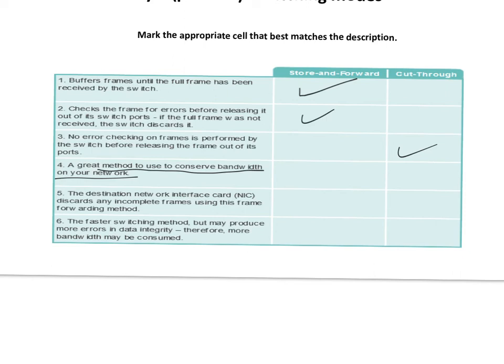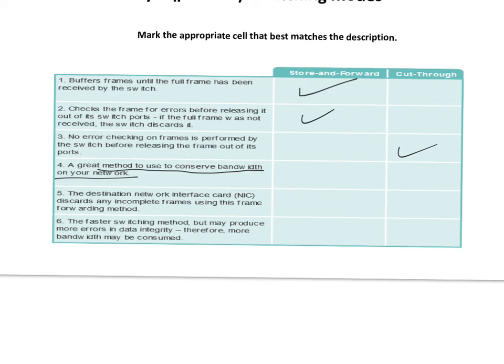What does conserve bandwidth mean? The meaning of conserve bandwidth is that you have a specific bandwidth, so you are sending frames within that bandwidth very efficiently, utilizing that bandwidth without having any errors.